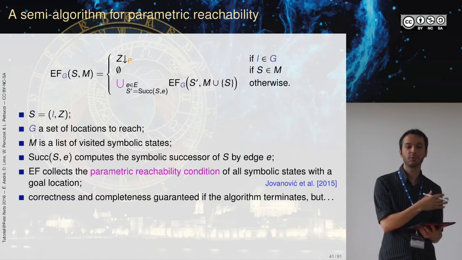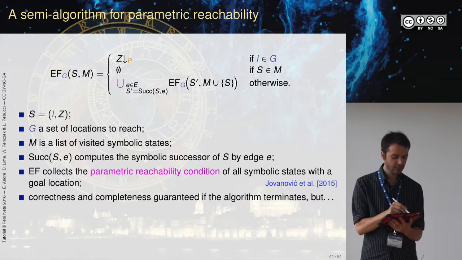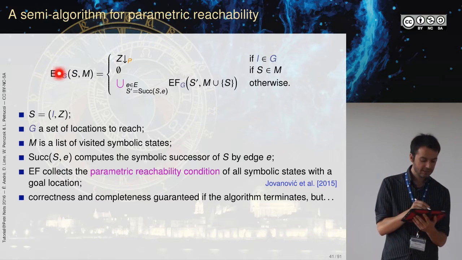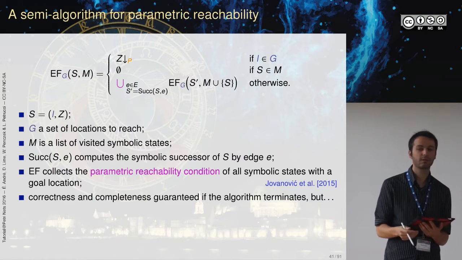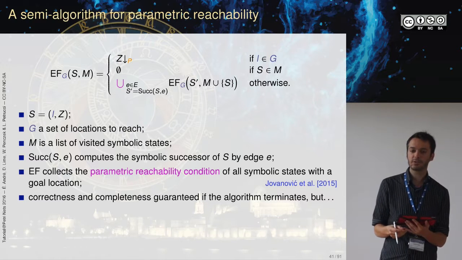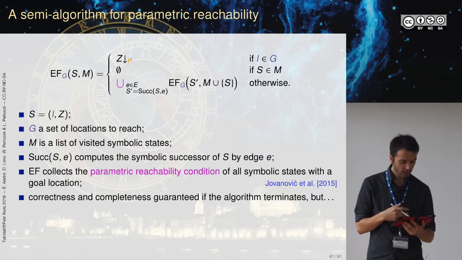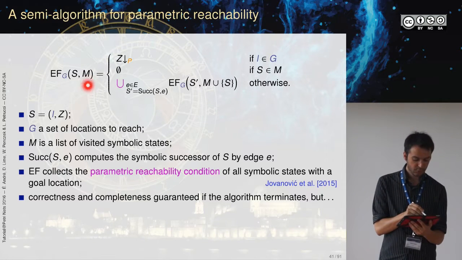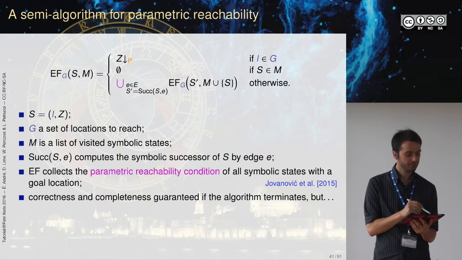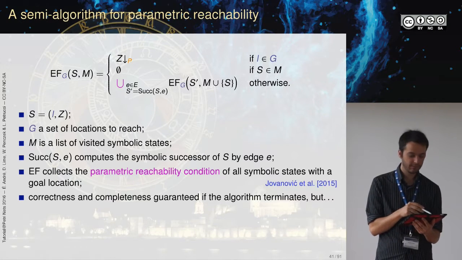EF, you remember, is reachability. So my goal will be to compute EF G, meaning G is a set of locations, or just one location, if you like, and I will want to compute all valuations for which a location in G is reachable. So we have two arguments in this function. It's written in a functional form with a recursive form.